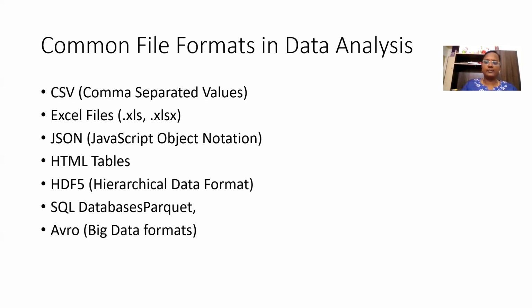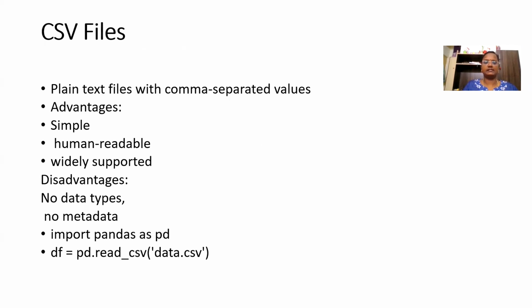The common file formats in data analysis that we use regularly are CSV, that is comma separated values, Excel files, .xls, .xlsx, JSON file format, JavaScript Object Notation, HTML tables, HDF5, that is the hierarchical data format, SQL database records, and then Avro, a big data format. So these are the commonly used file formats for data analysis.